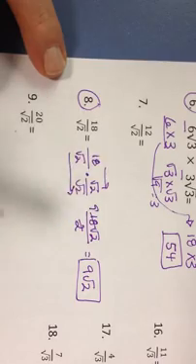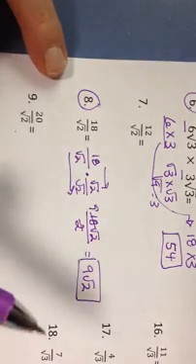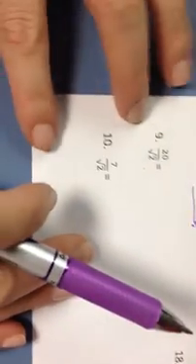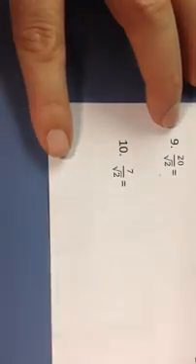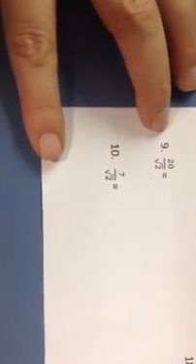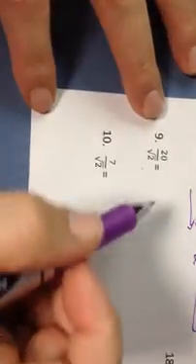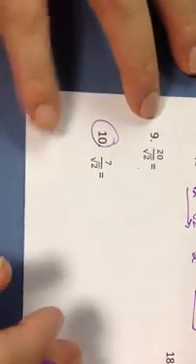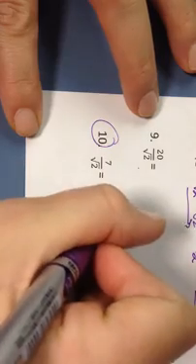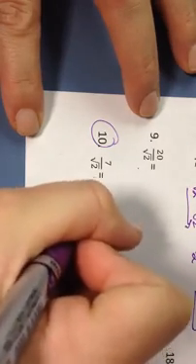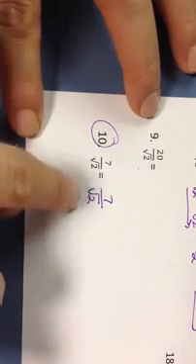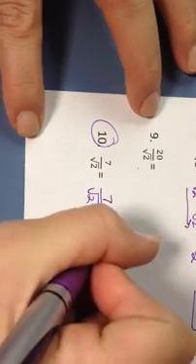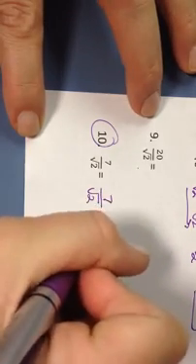But let's look at one where that won't work out. Let's look at number 10. In number 10, we have 7 divided by the square root of 2. So we still want to rationalize it, which means get that square root of 2 out of the denominator. So we're going to do the same process, multiply by root 2 over root 2.